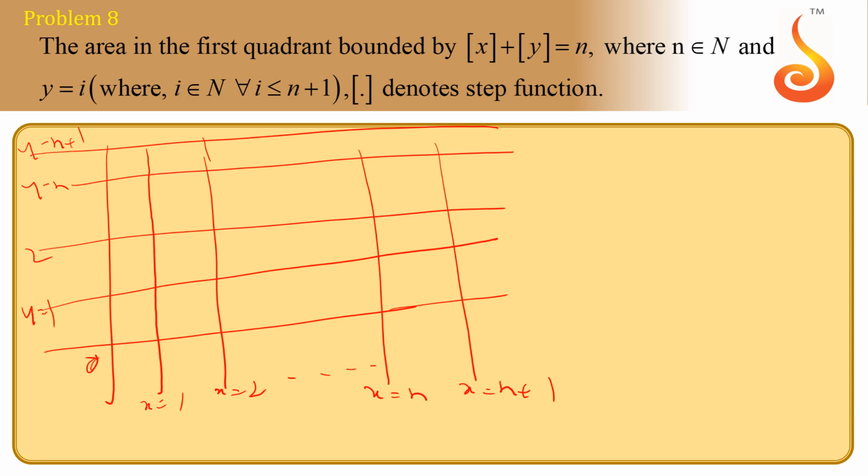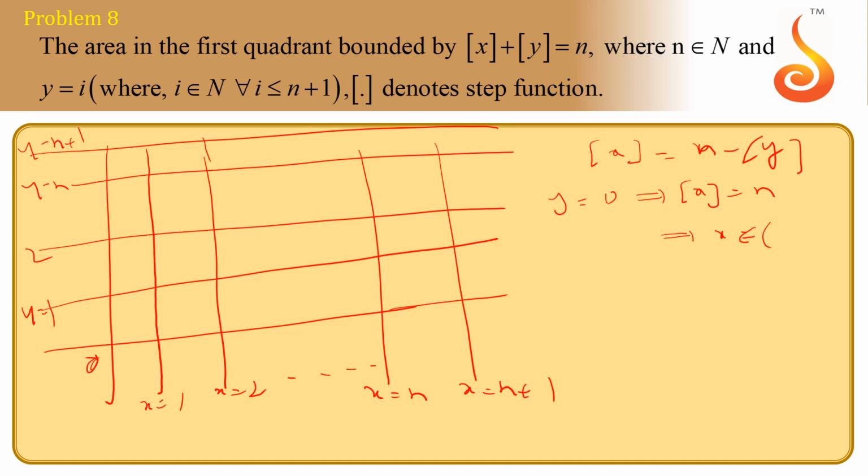Now if you observe carefully, I can write step x equals to n minus step y. Suppose if I take y equal to 0, then you will get step x equal to n. When will you get step x equal to n?